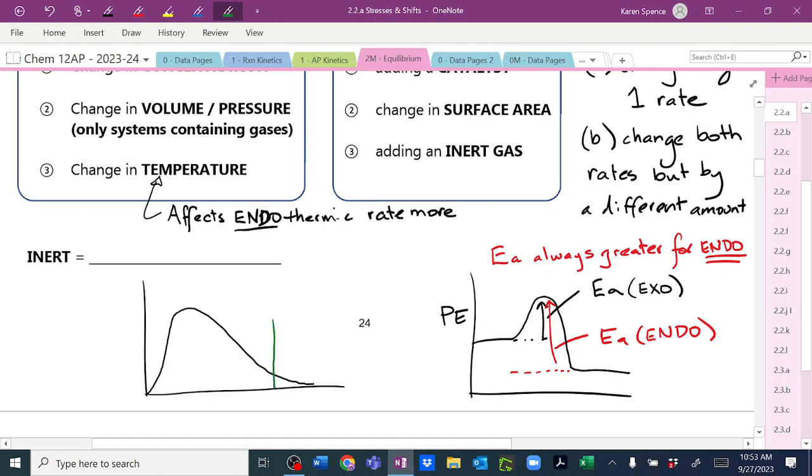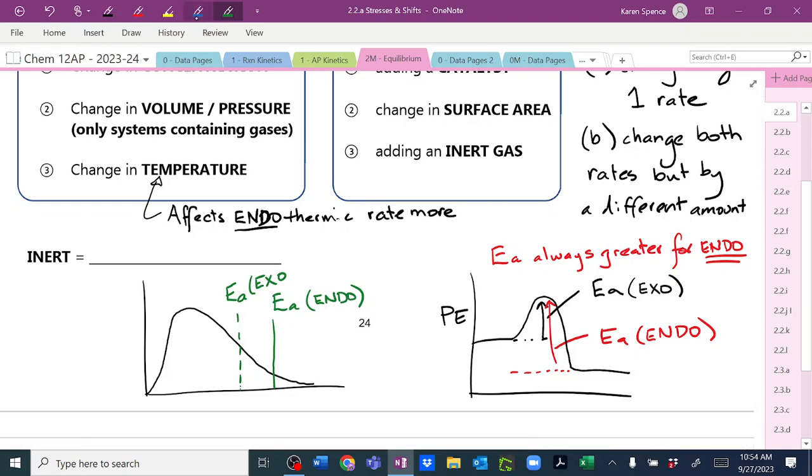Yes. Yeah, so when you're going endothermic, you're going from a position of more stability to a position of less stability. Yep. Okay, so let's say that this is the activation energy of the endo. And let's say that this is the activation energy of the exo. Now let's make this really, really obvious here.